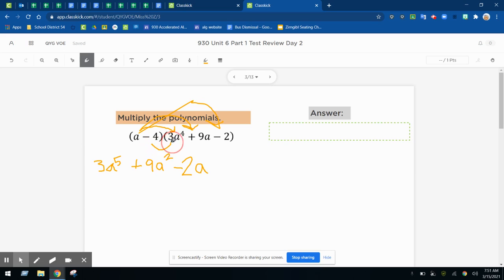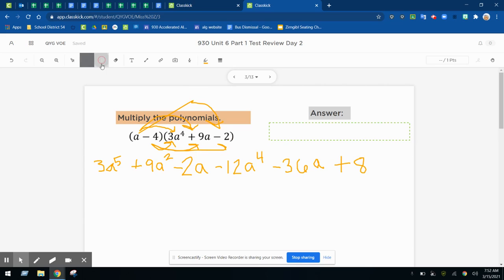Moving on to negative 4 times 3a to the 4th will give us negative 12a to the 4th. Negative 4 times 9a will give us negative 36a. And then lastly, we have negative 4 times negative 2 to give us plus 8.